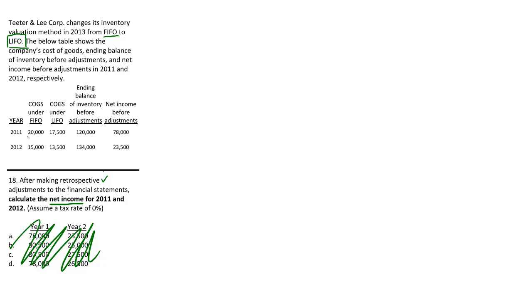Okay. So before the adjustments, we had 78,000. Cost of goods sold under LIFO is less than it was under FIFO, so we know that we have to add back some amount.